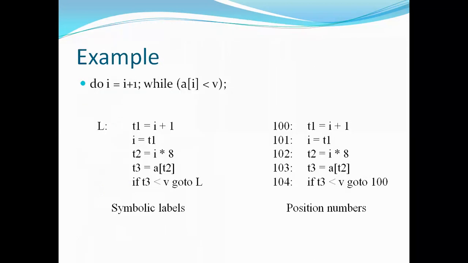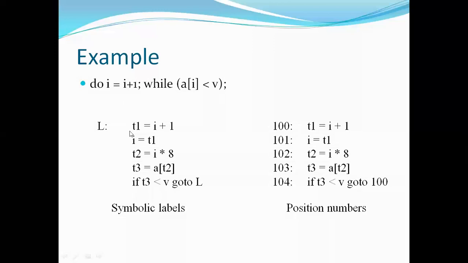Once all of you see the example, the line of code in a program: do i is equal to i plus 1 while a of i is less than b. Here I'm having two ways of representation, one with symbolic labels and two with position numbers. Along with the symbolic label, I am using the position numbers here, that means 100, 101, 102, 103, 104, right?